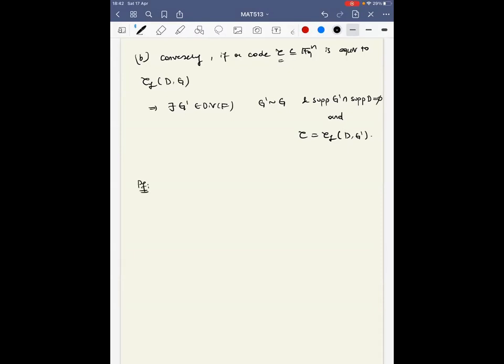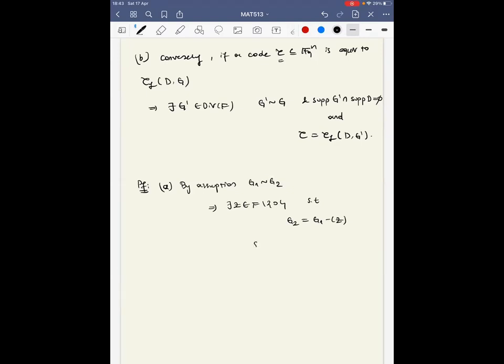In order to prove part A, we know that by the assumption G1 and G2 are equivalent. So by the definition of the equivalence of divisors, we know the existence of an algebraic function Z, which allows us to write G2 as G1 minus (Z).